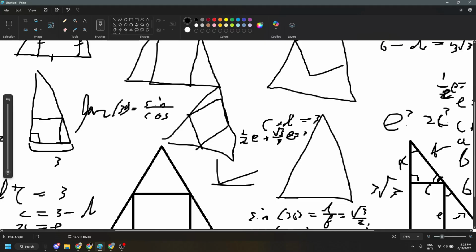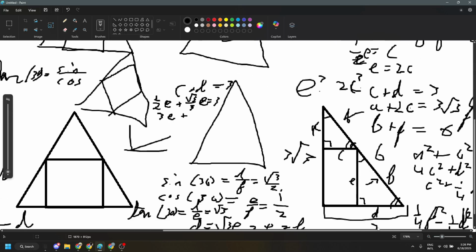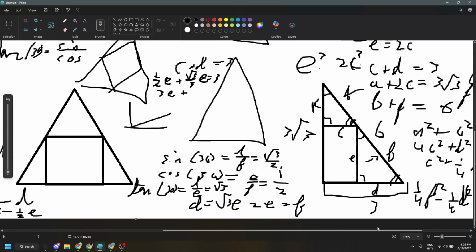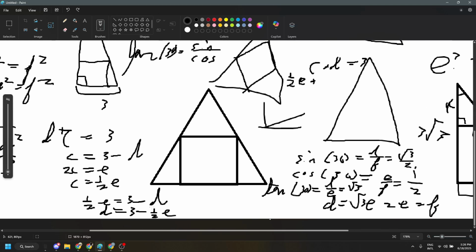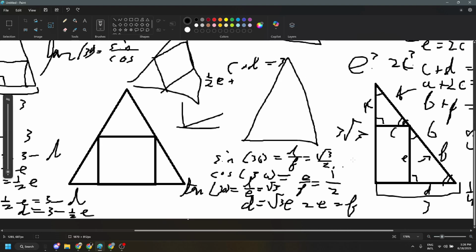E is equal to 3. Multiply by 6. 3E plus... Nope. Still did it wrong. Cosine, so good.